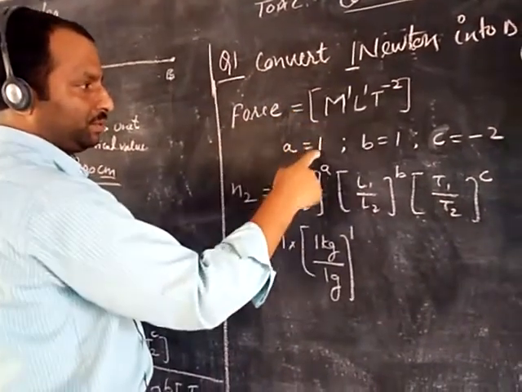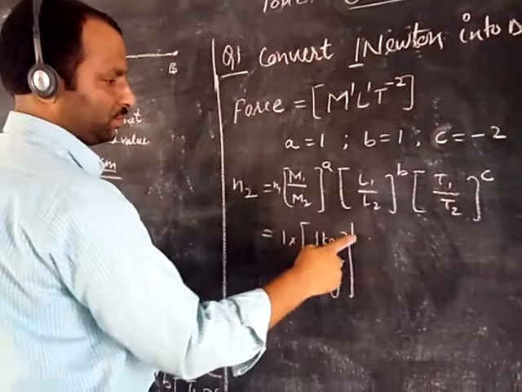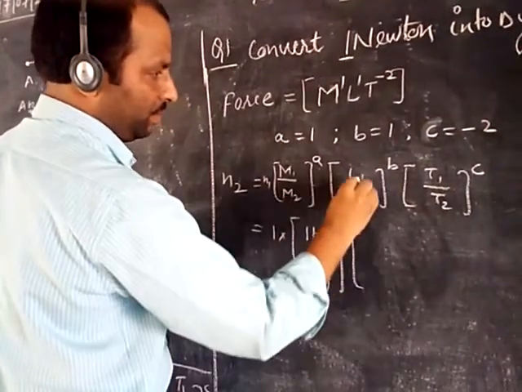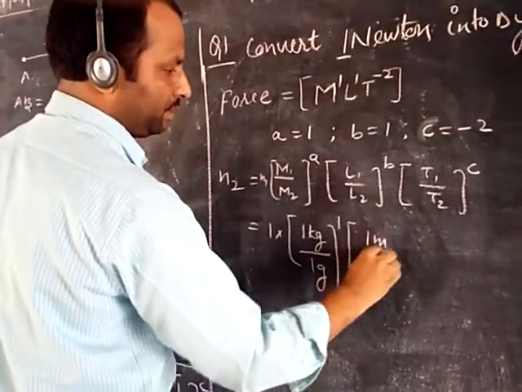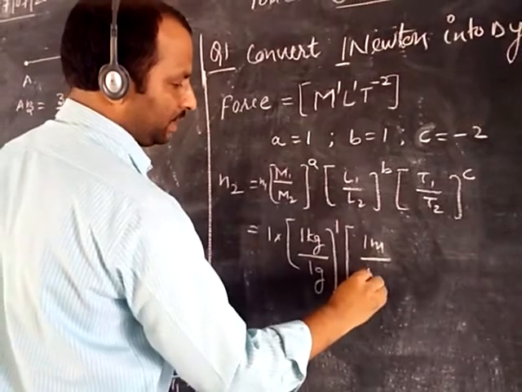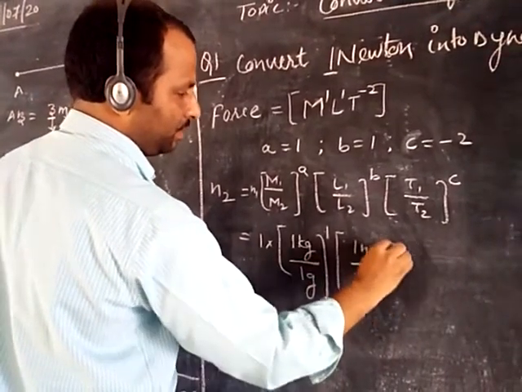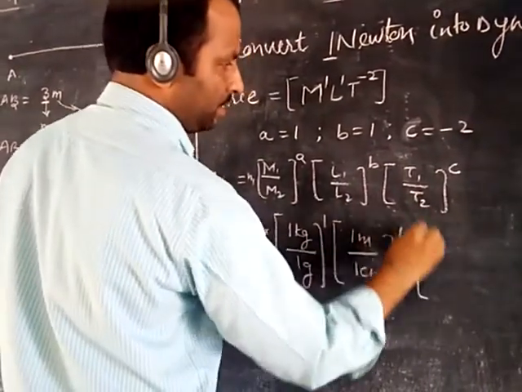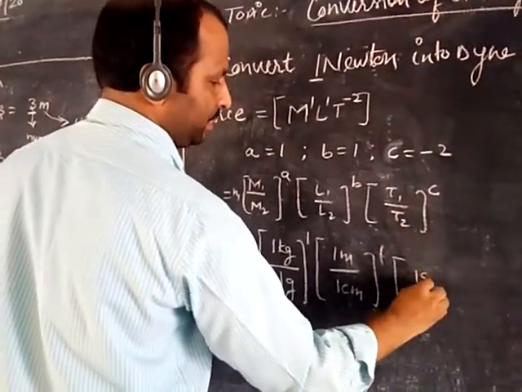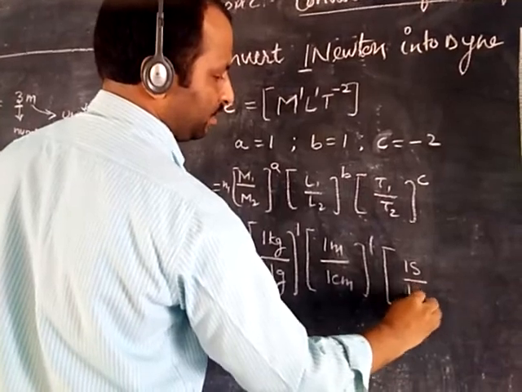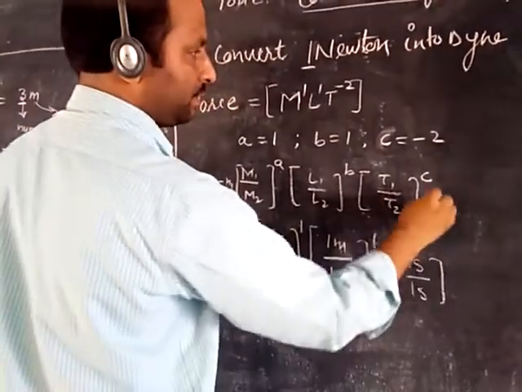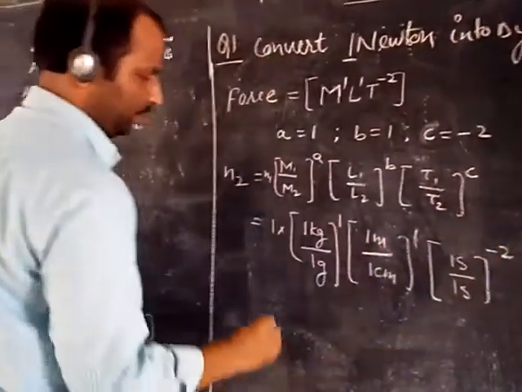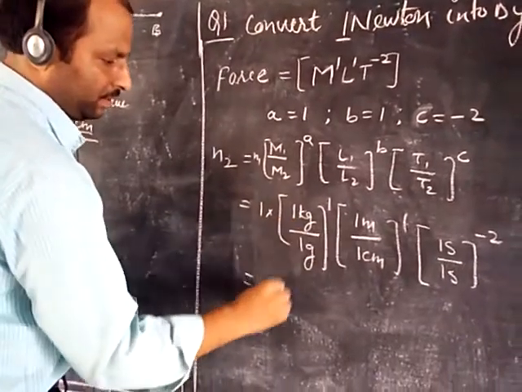L1 length is in meter and in CGS unit it is centimeter, and the value of b is 1. The time is in second in both, so the value of c is -2.